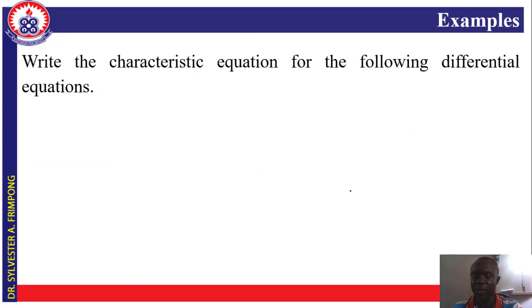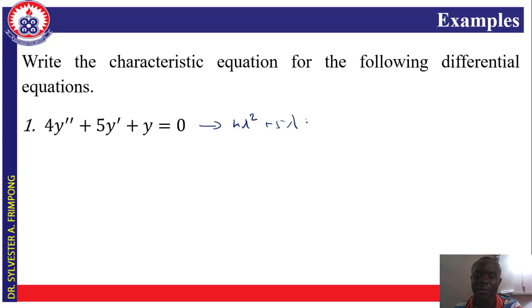Let's check out a few examples. Write the characteristic equation for the following differential equations. So the first one: the auxiliary characteristic equation is lambda squared, because the y double prime goes to this, plus 5 lambda plus 1 equal to 0. You pick the second one, which is the third order.